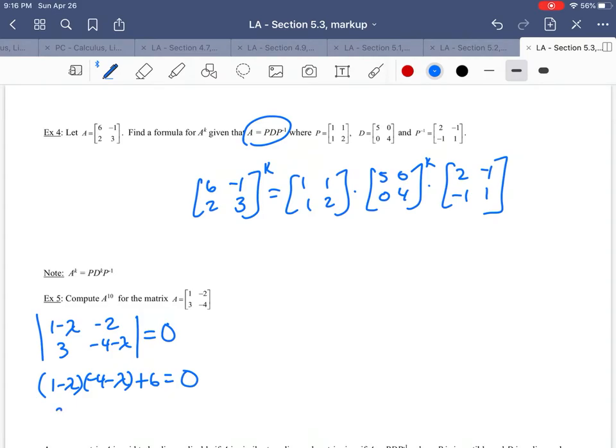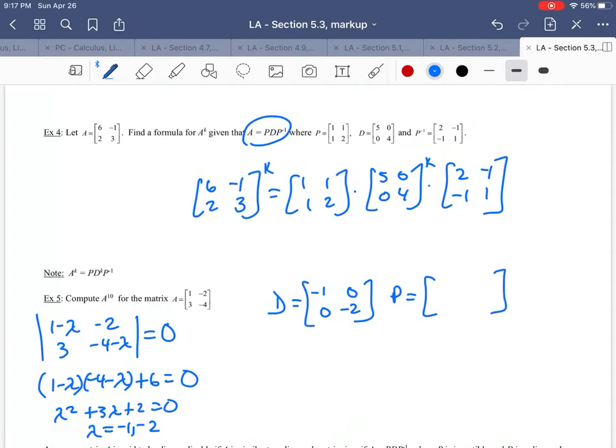So it turns out my characteristic equation is lambda squared plus 3 lambda plus 2. And so you get lambda equals -1 and -2. All right, so I will tell you then your diagonal matrix is -1, 0, 0, -2. And remember, it doesn't really matter. You just have to make sure you put your things in the same order.